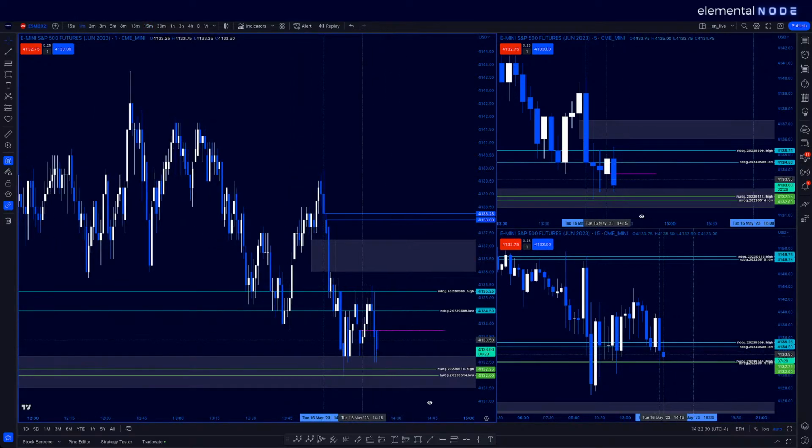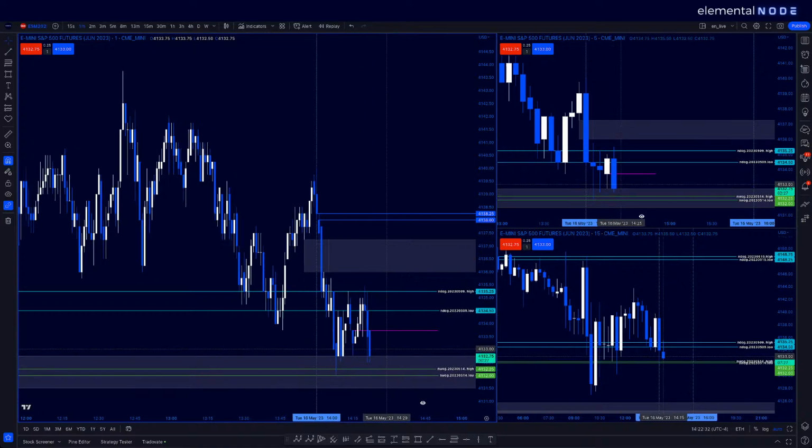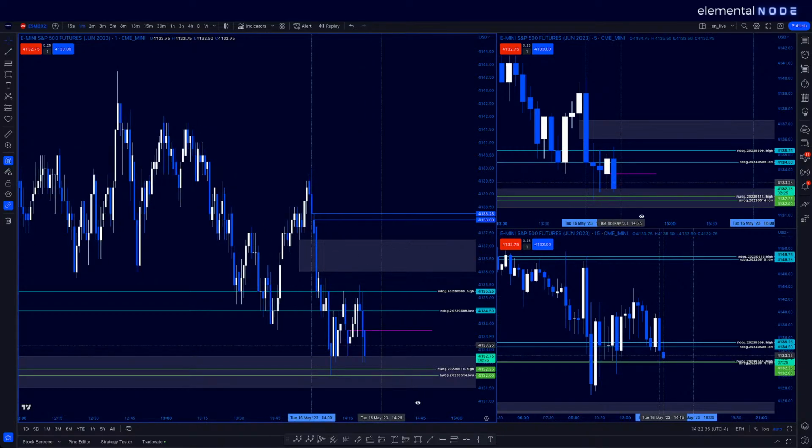So it looks like it's maybe run without us. Don't get in there with too much excitement. It might just bounce and slap you in the face. We're so close to that new week opening gap that it may just bounce off it again. I want to see it slice right through.